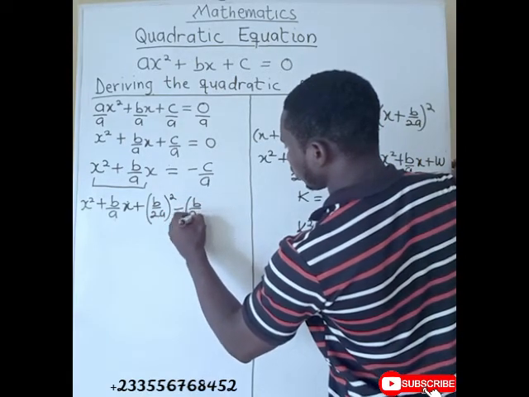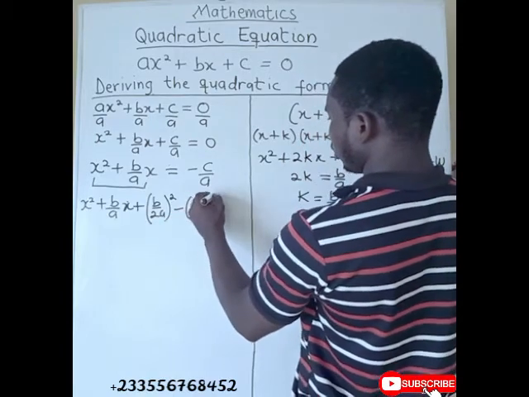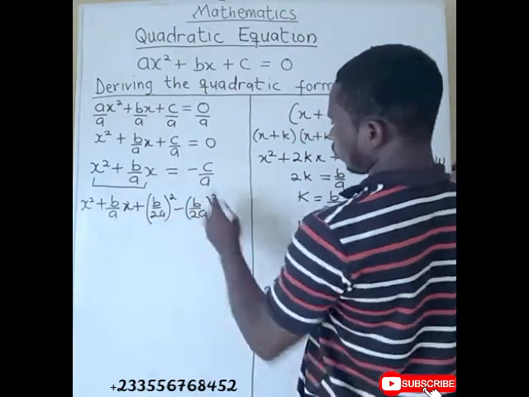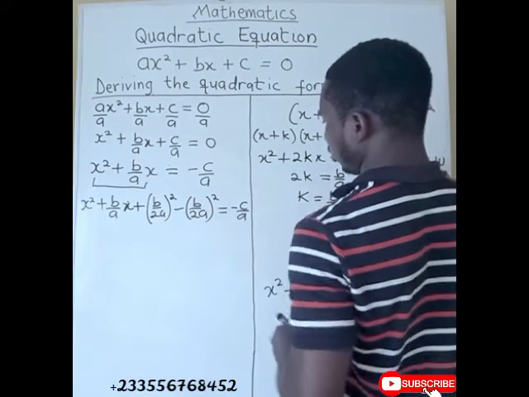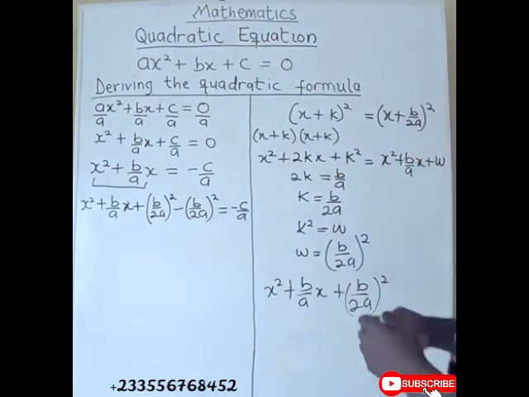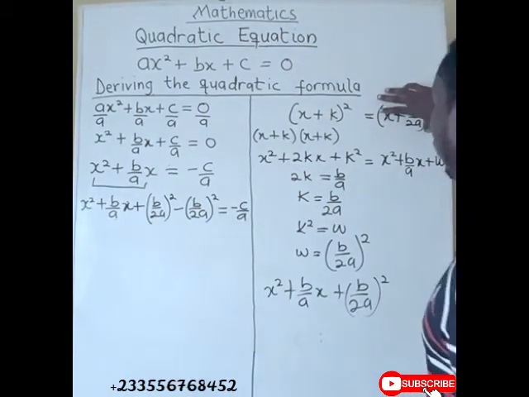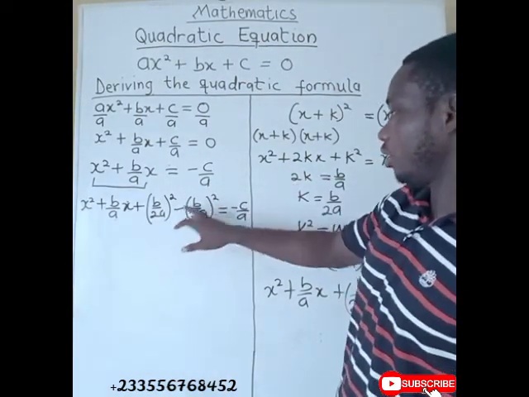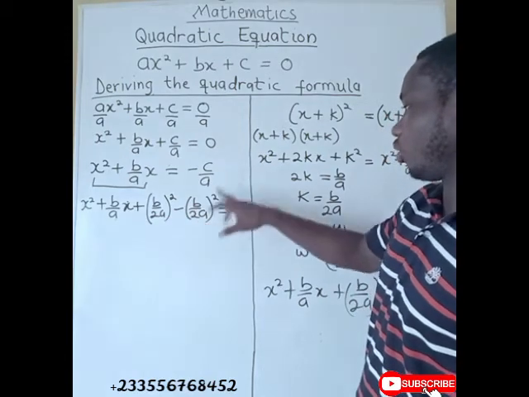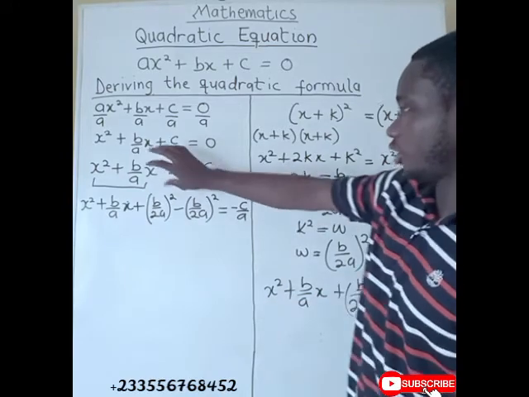We call the process create and destroy. So we have created this one, and we are using this one to destroy it, which is equal to negative c over a. So now we've created this one to enable us to get this one. And we have subtracted (b over 2a) all squared, so that it will bring us back to the same equation.